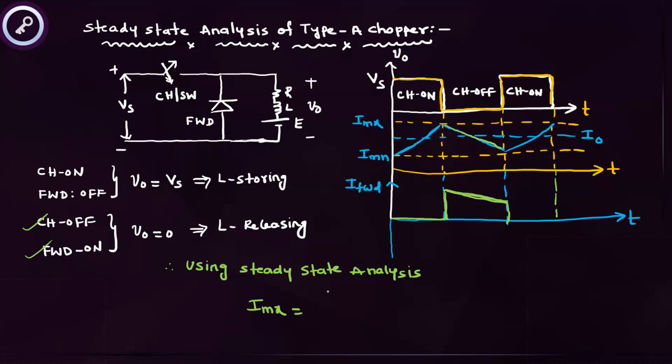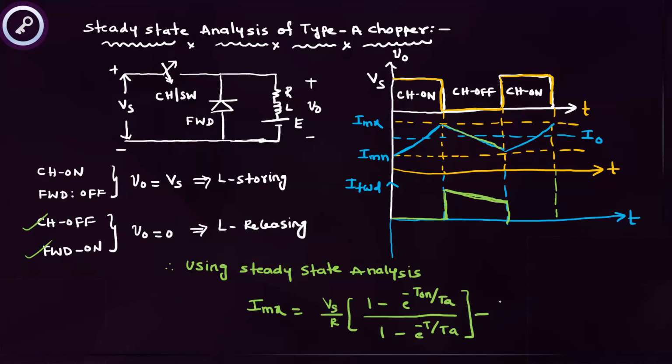We can get I maximum equal to Vs by R into (1 minus e power minus T on by Ta) by (1 minus e power minus T by Ta), minus E by R. This is the maximum current.